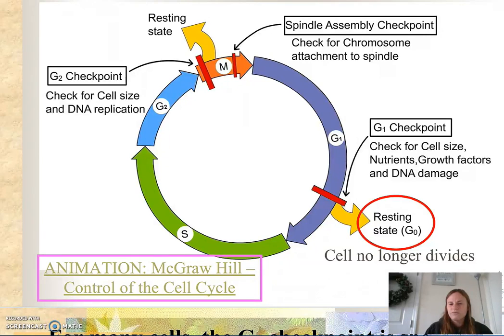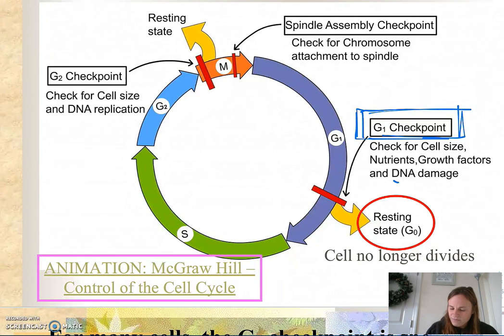So here's just a review if we went over. The G1 checkpoint checks for cell size, for nutrients, for growth factors, and for DNA damage. The G1 checkpoint is, in most cells, the most important checkpoint, because it's at this checkpoint that certain tumor suppressor proteins can play a role.